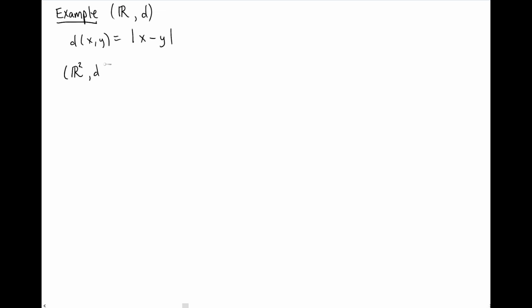The next one is from, well, I'll just call that one d2, where we have our Euclidean plane, and the distance between 2 points is the square root of (x1 minus y1) squared plus (x2 minus y2) squared, where our point is defined as an ordered pair.